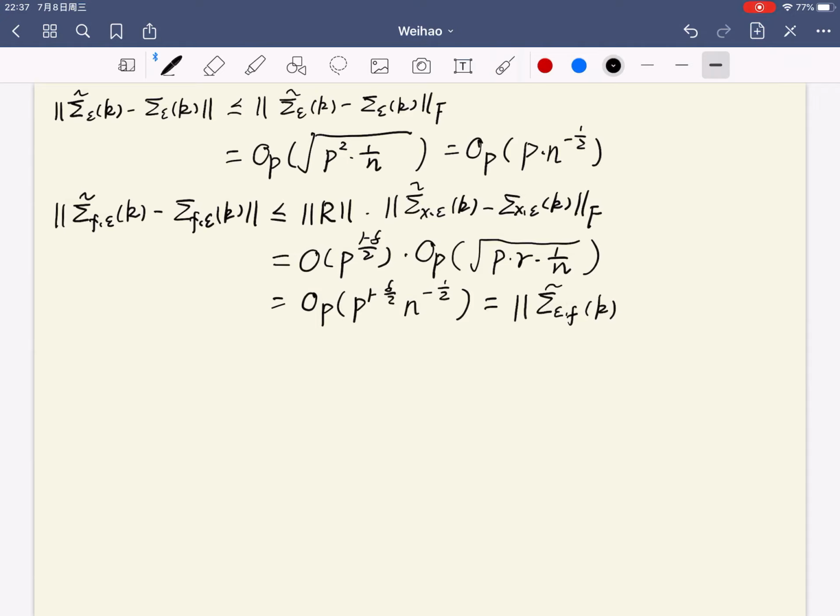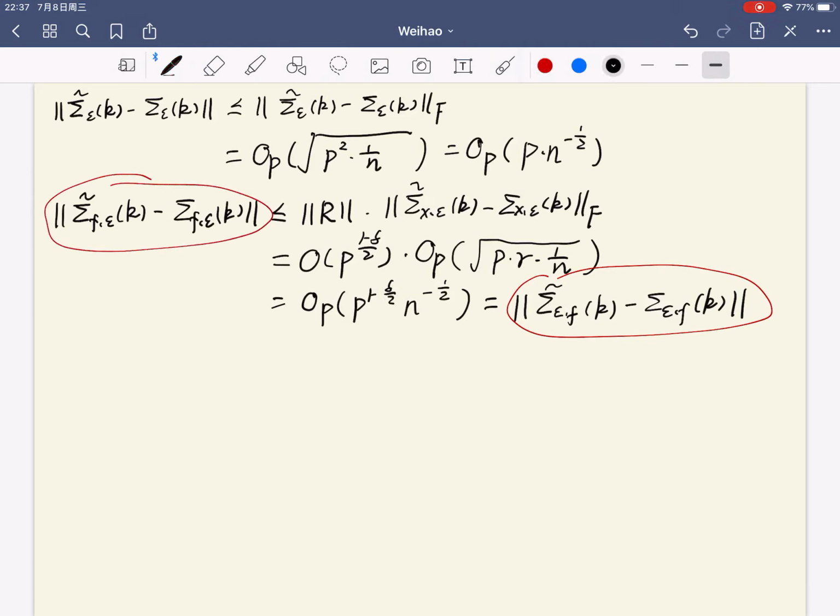It can be seen easily that these two share the same rate of convergence.